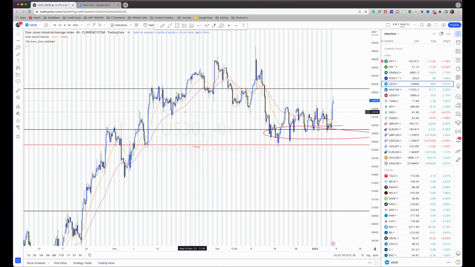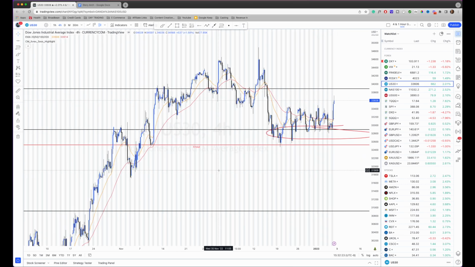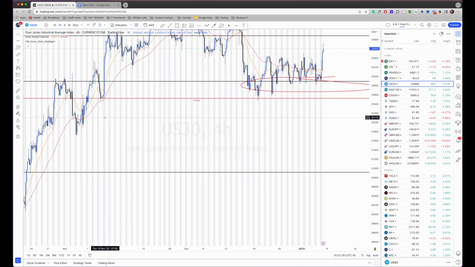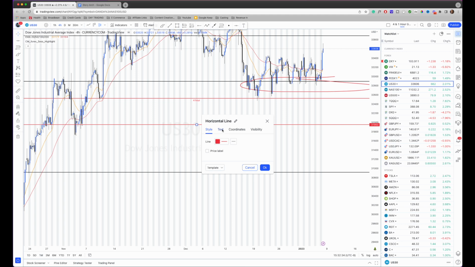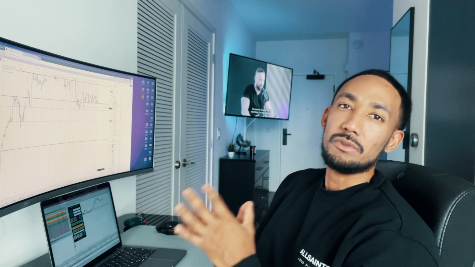Okay, so we're good for now. Let's just mark this one right here. Four-hour, okay. So basically you wanna identify support and resistance on the daily and also the 4-hour time frame.